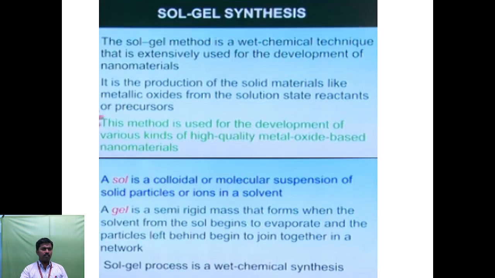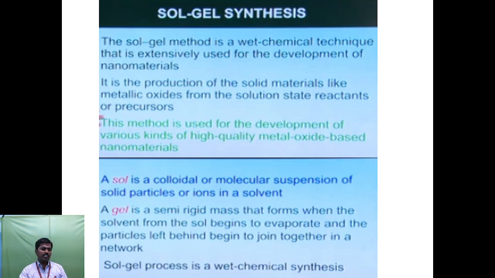Next, sol-gel method. Sol-gel method is a wet chemical technique that is extensively used for the development of nanomaterials. It is the production of solid material like metallic oxide from the solution state reactant or precursor. This method is used for the development of various kinds of high quality metal oxide based nanomaterials.